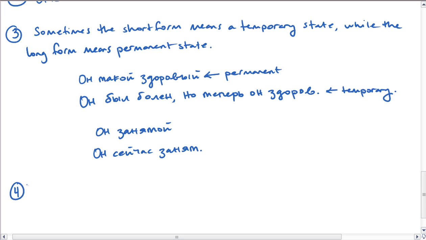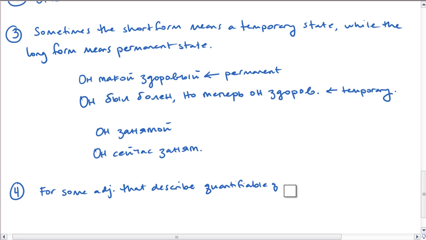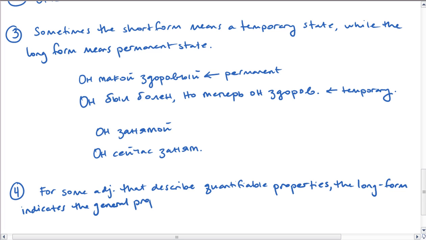Okay, another way that we can choose between the long or the short is that for some adjectives that describe quantifiable properties, the long form indicates the general property of the object, like it's big, it's small, it's narrow or long, whatever, right?